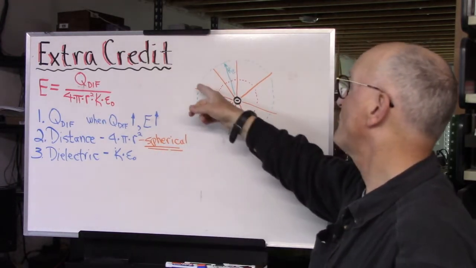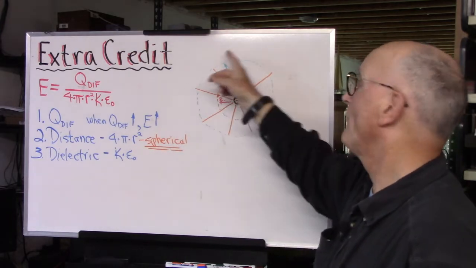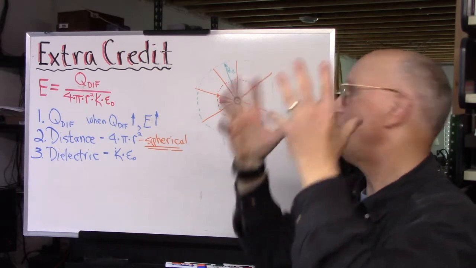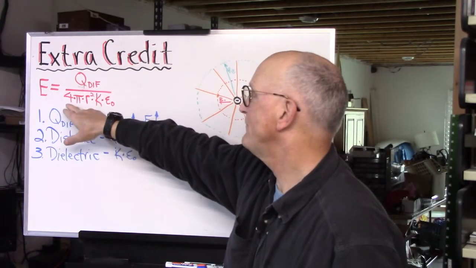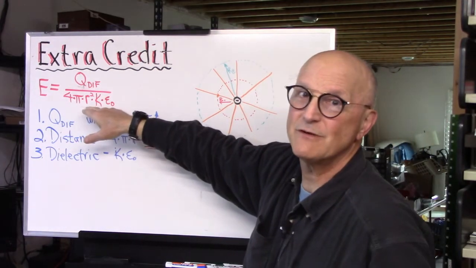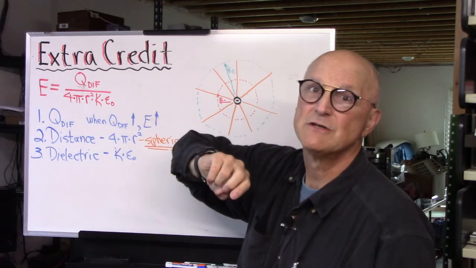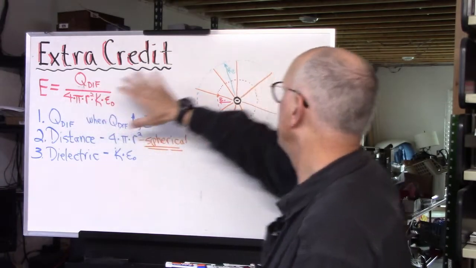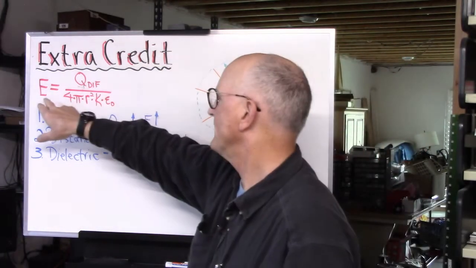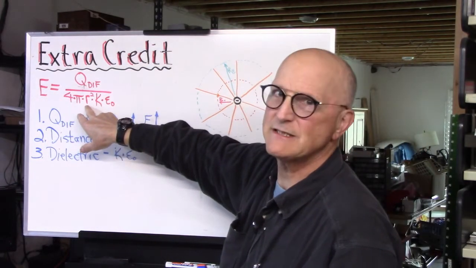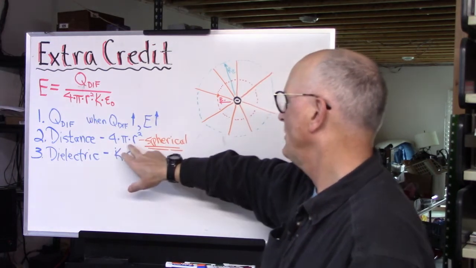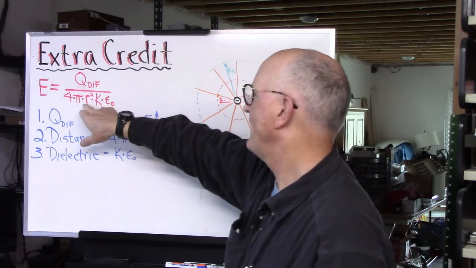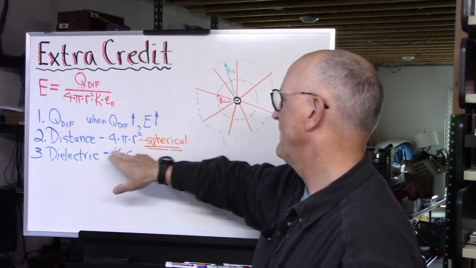It's just spread a lot thinner over a larger surface area. And the surface area of a sphere, by the way, is 4 times pi times the radius of that sphere squared. And so it makes sense that in this particular case, as you change distance, the E field goes down by the square of the distance.